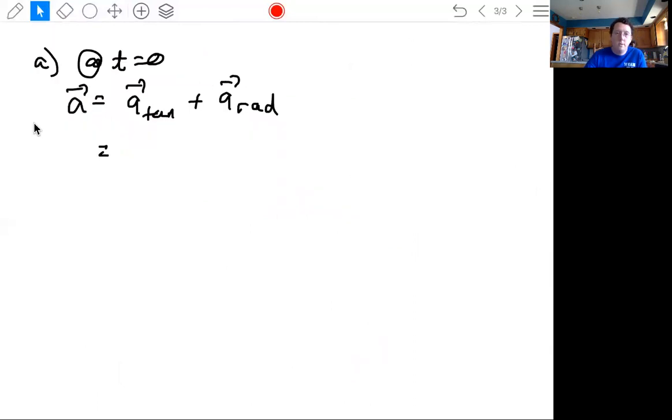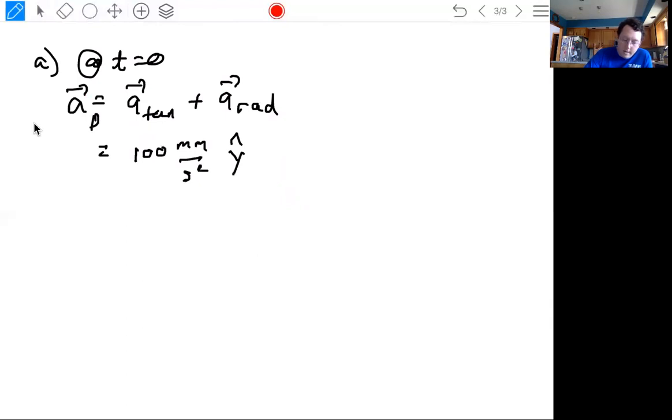So if I wanted to write out the total acceleration at point D, I would say it is 100 millimeters per second squared times y hat, that's the tangential component.